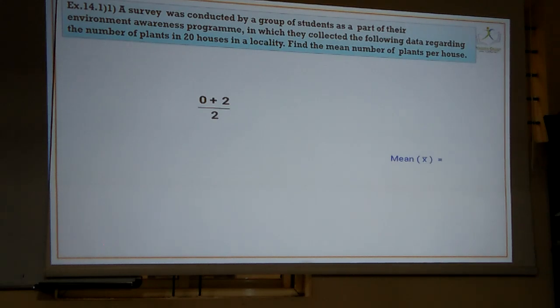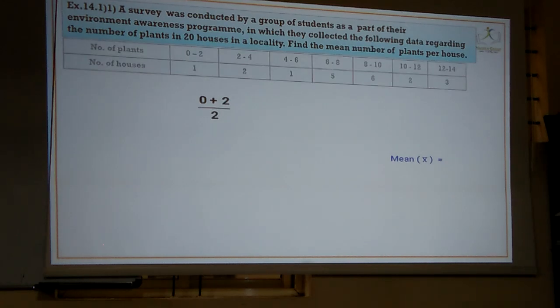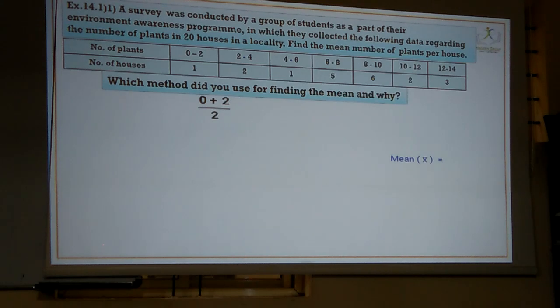A survey was conducted by a group of students as part of their environment awareness program, in which they collected the following data regarding the number of plants in 20 houses in the locality. Find the mean number of plants per house.